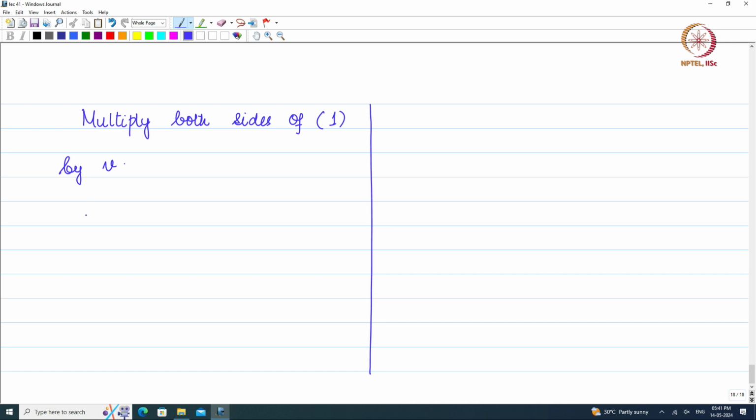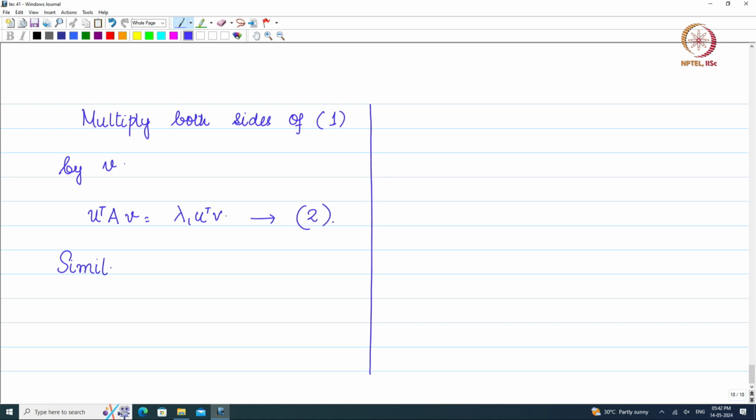We are going to get u transpose A V is equal to lambda 1 u transpose V. Is that correct? Now, similarly, let us keep this as equation 2.